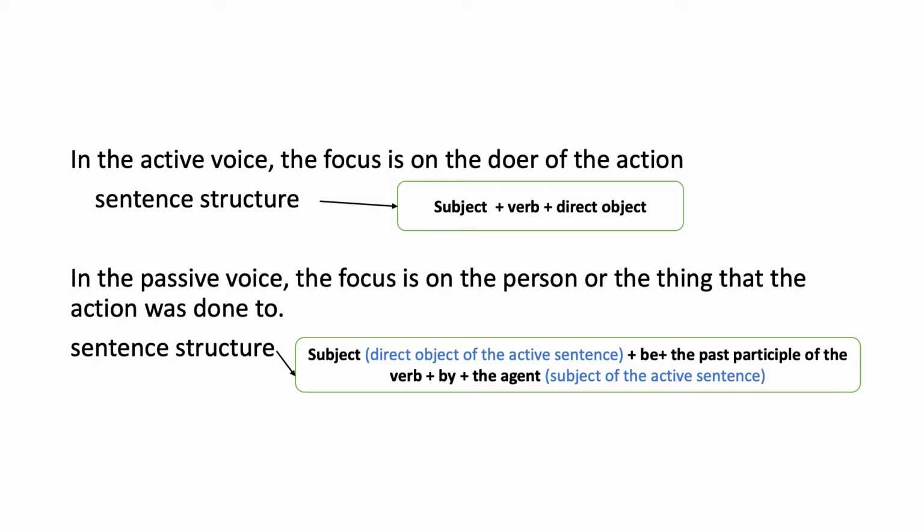These are the main important elements in a passive voice sentence. By the agent, you may or may not find it in some examples or sentences. It's not really a focus in the sentence.